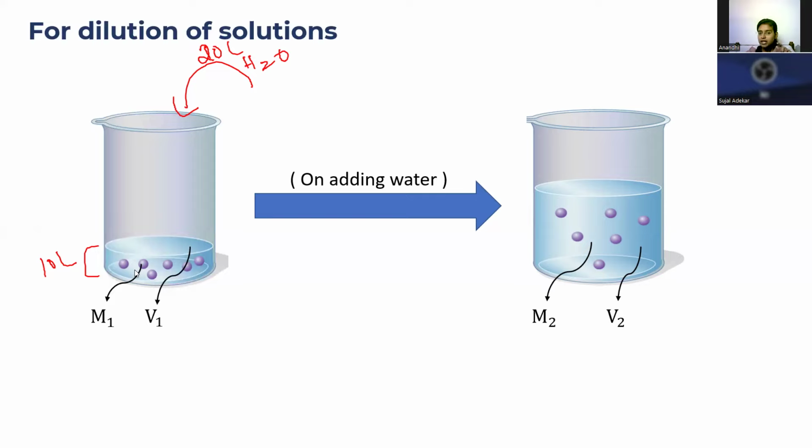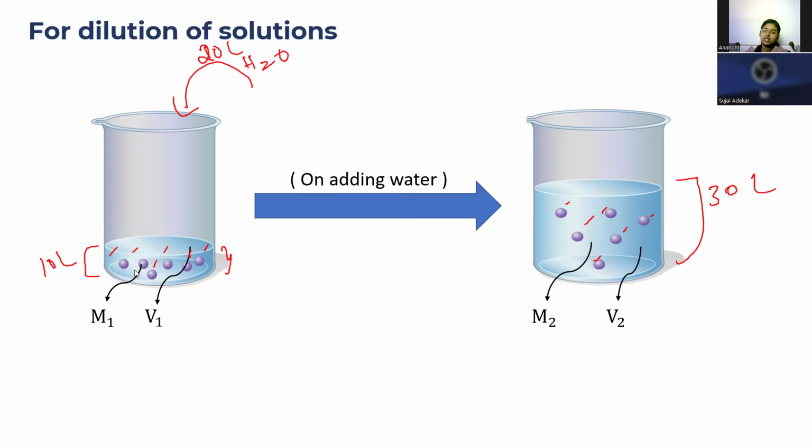The number of moles of particles inside that solution stays the same, and molarity is number of moles divided by volume. Here I have only six particles, 1, 2, 3, 4, 5, 6, and here also I have the same six particles. In the first case the six particles are present inside 10 liter, and here the same particles are present inside 30 liter of water.